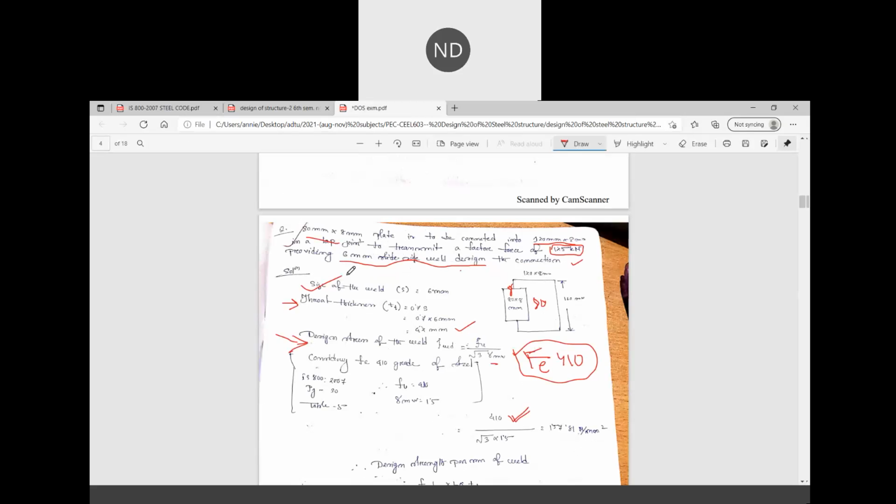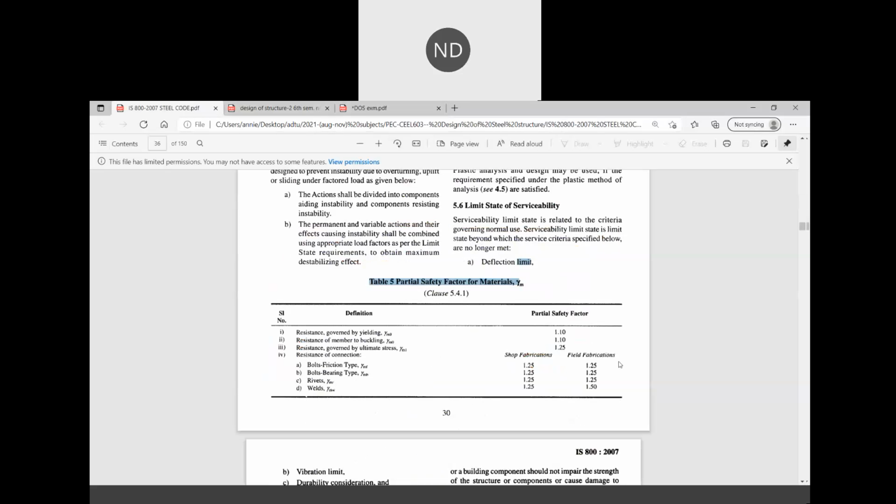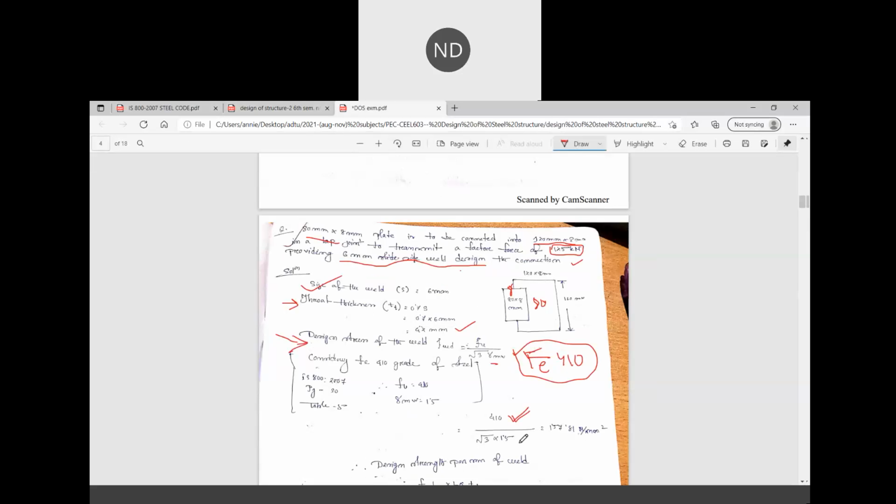So you can write here that we assume the steel to be Fe410 grade, and the fabrication is done on the site. When it is site fabrication or field fabrication, your partial safety factor is 1.50. So 1.50 here.